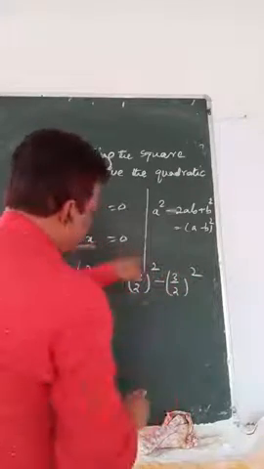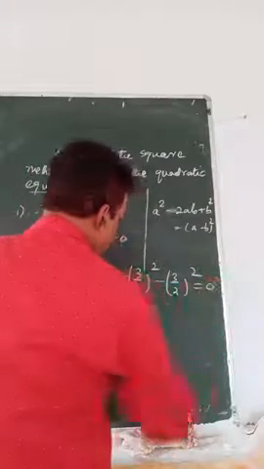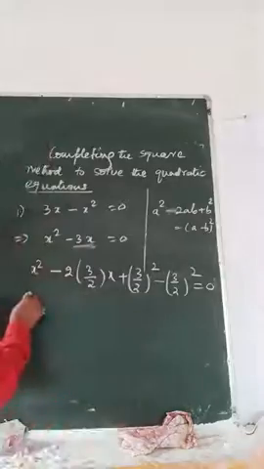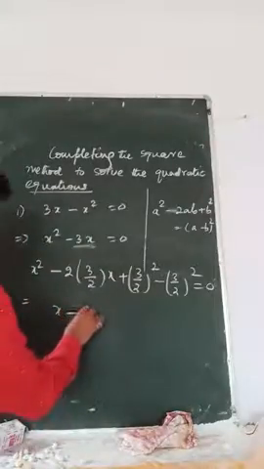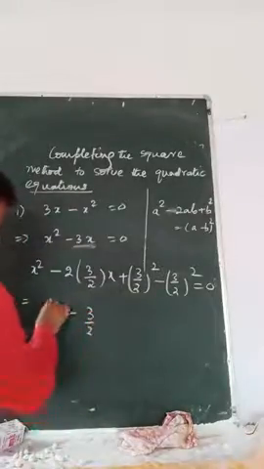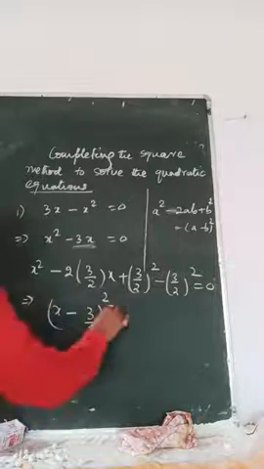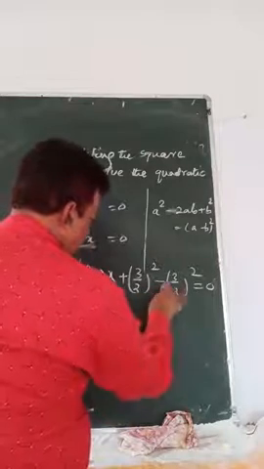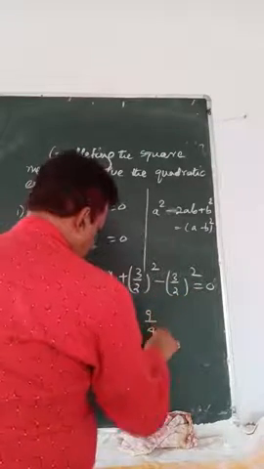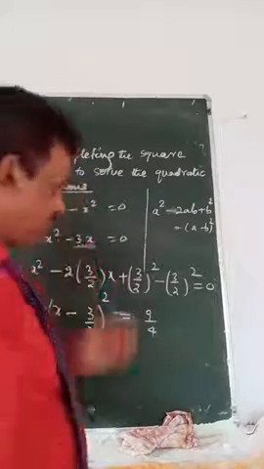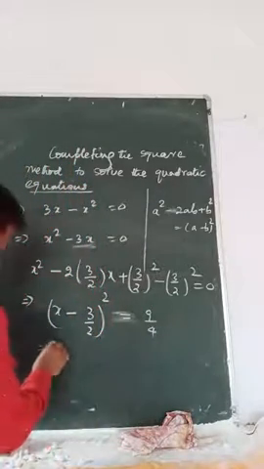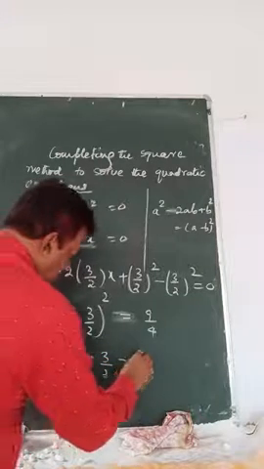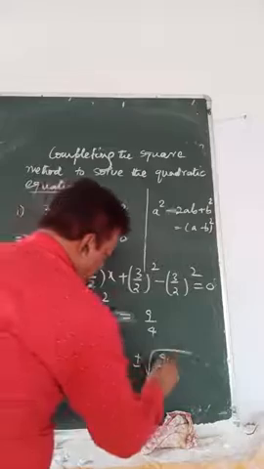If there is any other term, it will be written right here. Now a square minus 2ab plus b square is (a minus b) whole square, equals, minus will go to that side, plus 9 by 4. Then x minus 3 by 2 equals plus or minus root of 9 by 4.